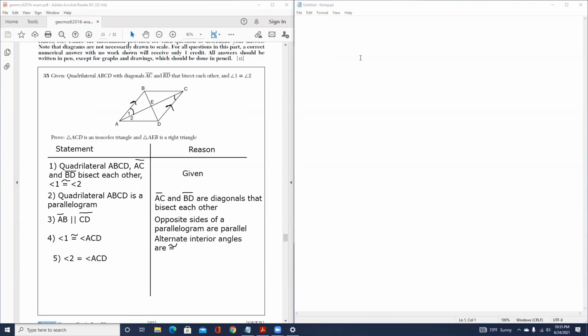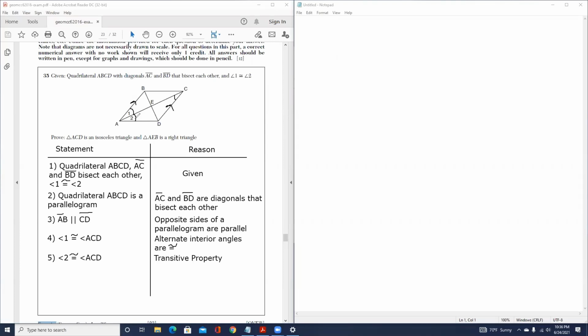And the reason for this is the transitive property, more specifically, if A equals B and B equals C, then A is equal to C. So we've extended that to congruence.